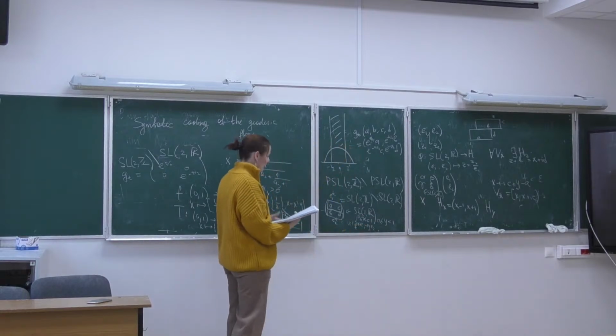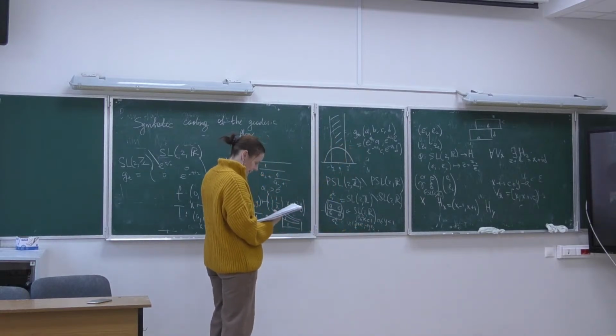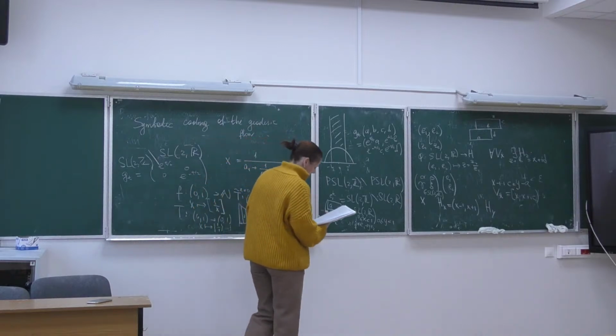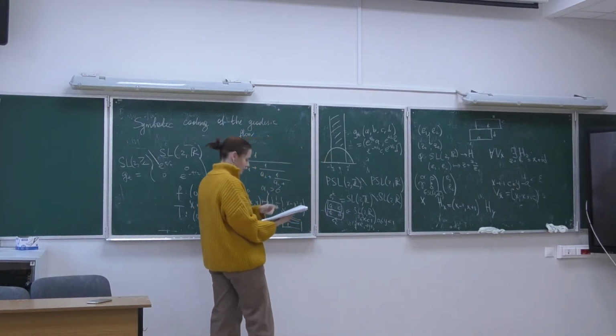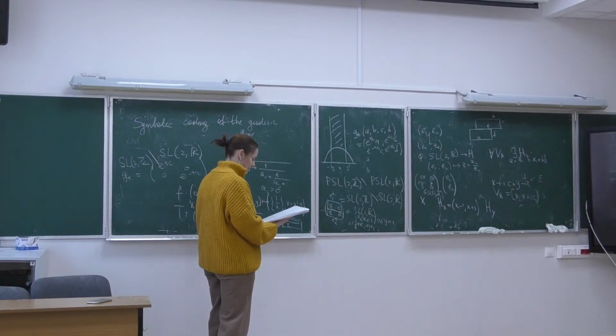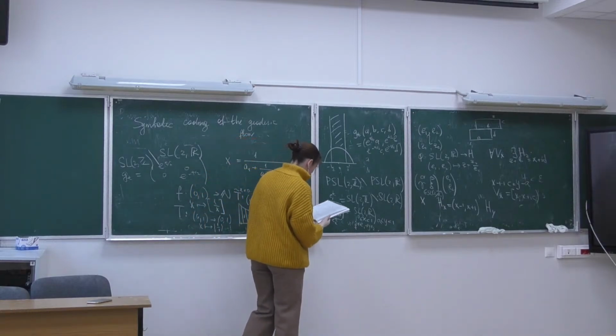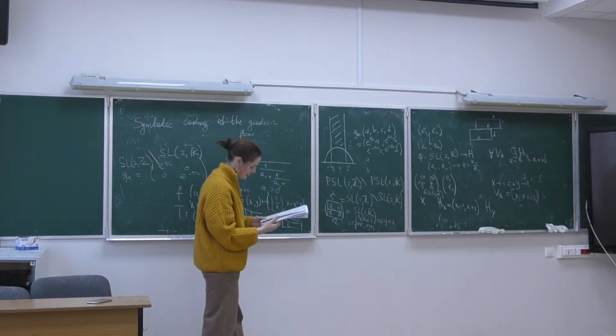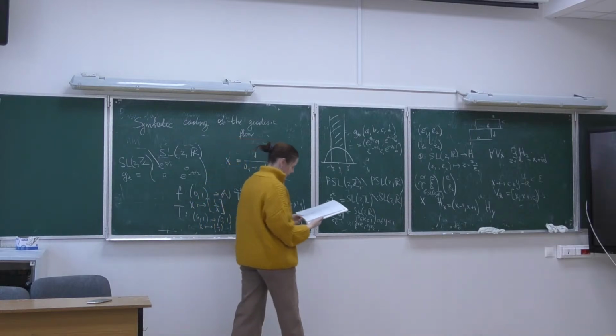So the flow can leave this fundamental domain. It's kind of a problem. So we will need to force it to jump from one edge to another one, and then try to understand how this geodesic flow looks like.